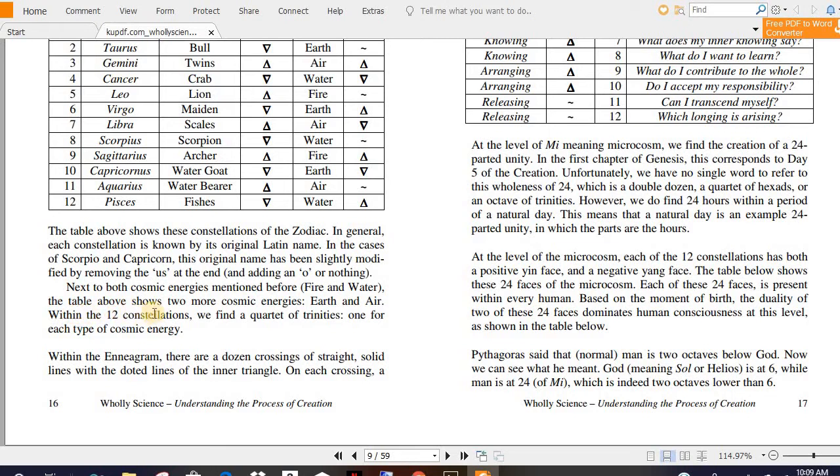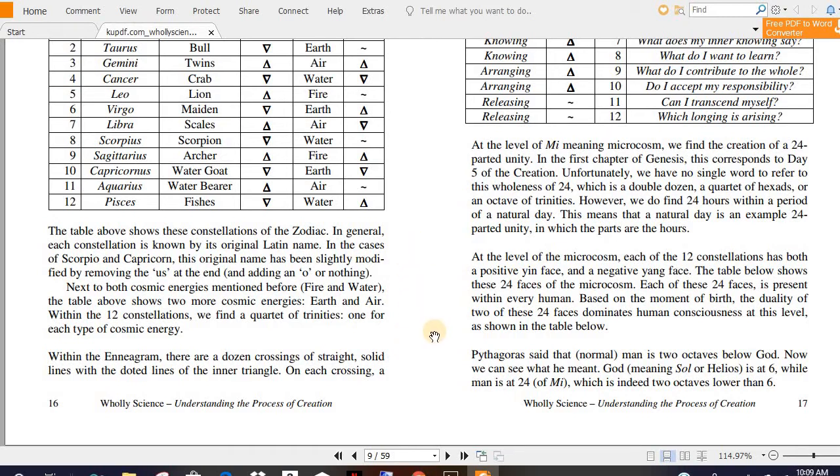The table above shows 2 more cosmic energies, earth and air. Within the 12 constellations, we find a quartet of trinities, one for each type of cosmic energy. Wow, that's pretty awesome.